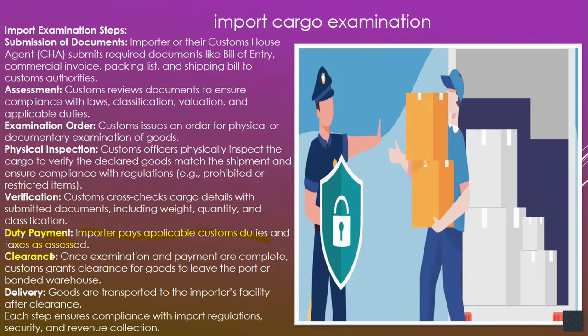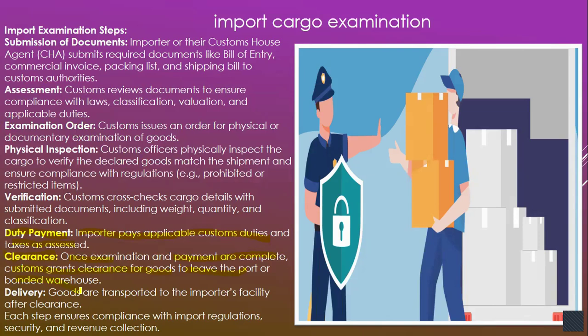Then clearance. After customs duty, the goods are cleared from the customs side. Once examination and payments are completed, customs grants clearance for the goods to leave the port for bonded warehouses. Bonded warehouses are the next step where goods need to be delivered.